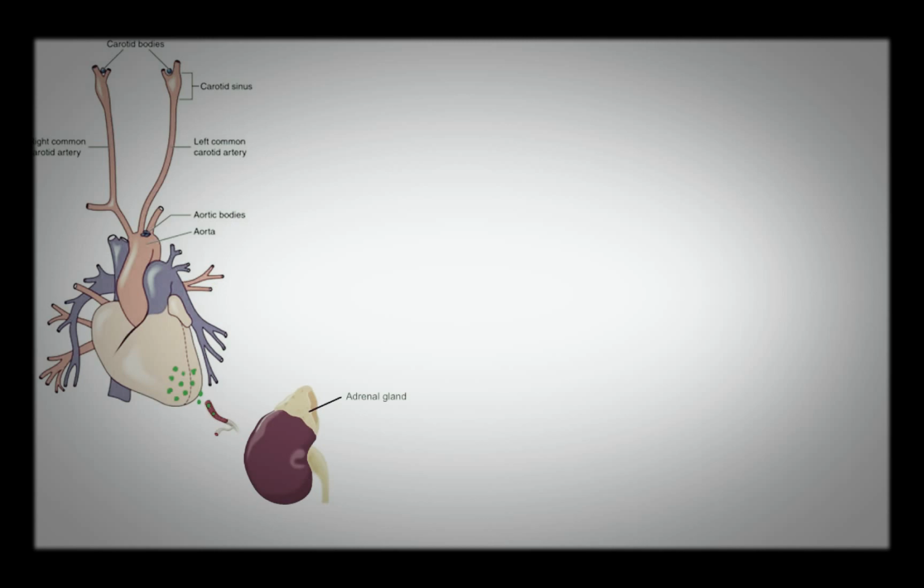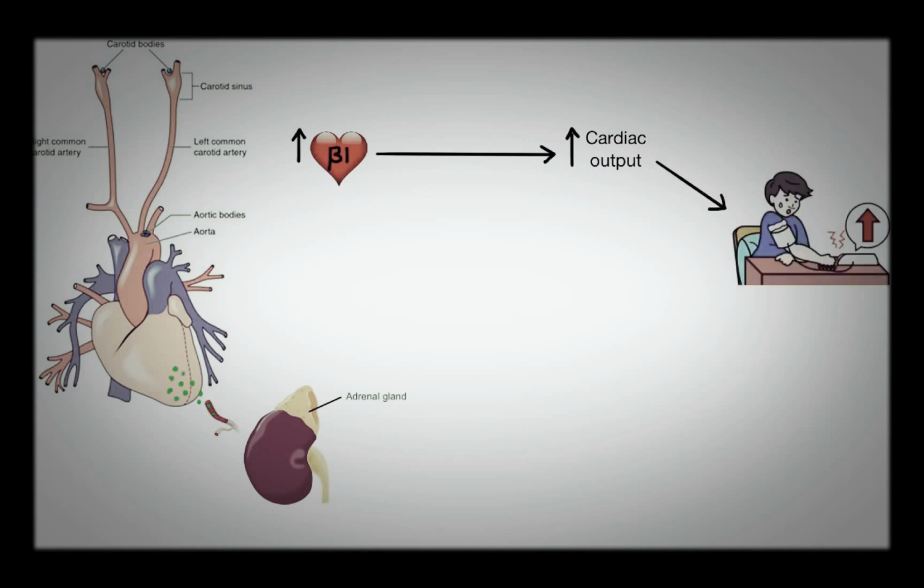So, activation of beta 1 receptors causes increase in heart rate and stroke volume and thus increased cardiac output, which leads to increase in blood pressure. On the other hand, activation of alpha 1 receptors on smooth muscle causes vasoconstriction and thus increase in vascular resistance, which again leads to increase in blood pressure.